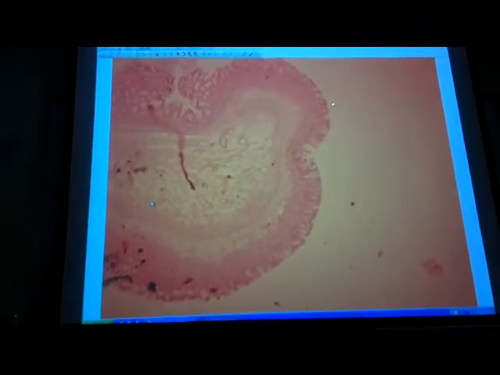What layer of the GI tract wall is this? This is all mucosa. This is all mucosa. What if I put a dot right there? What is that? The pit. The pit. The glands are deep inside there.